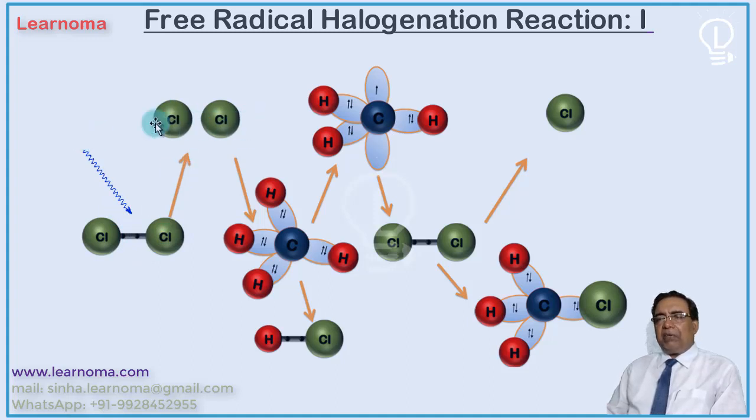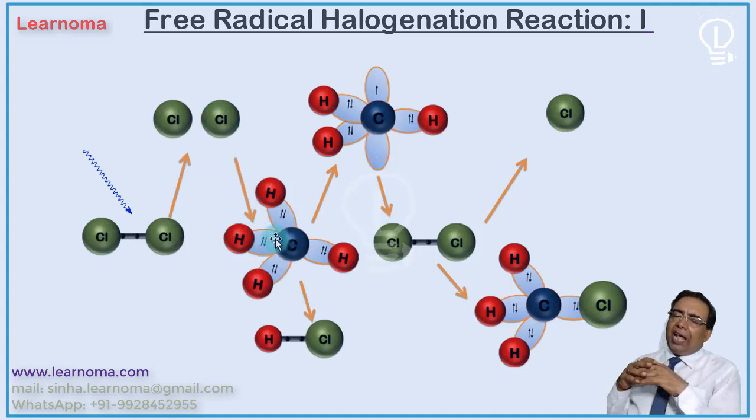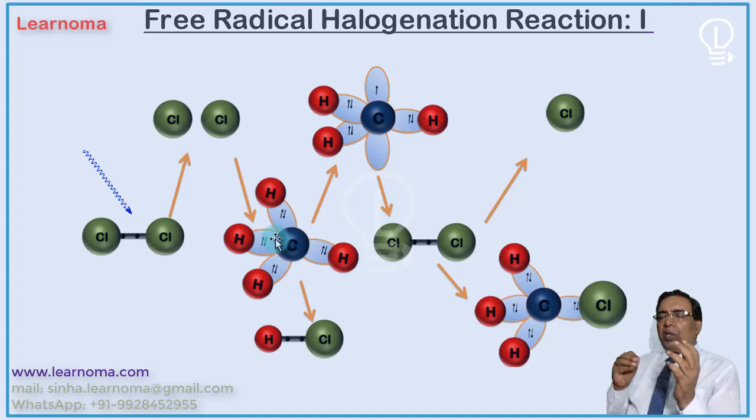Now each radical is very effective, and such radicals in the reaction mixture may react with a methane molecule; they collide with a methane molecule. There is no significant directional approach, such that the chlorine will collide with carbon or with a hydrogen atom.